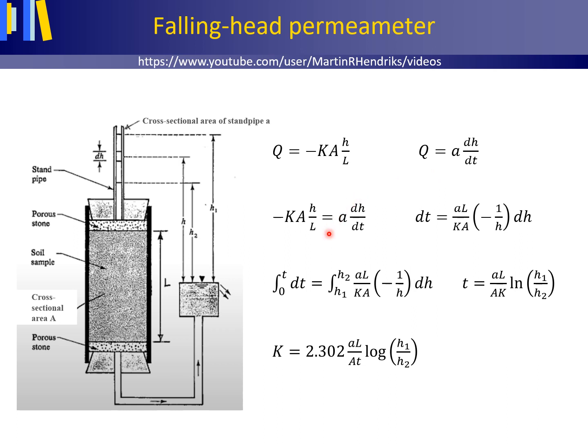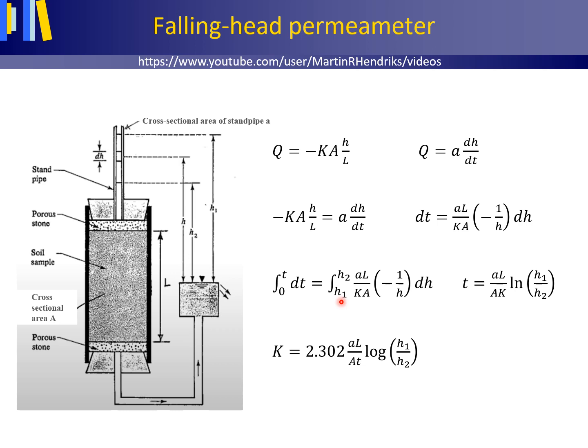We can rewrite the equation by moving t to the left of the equation and all variables containing h to the right. From 0 to t seconds, the hydraulic head drops from H1 to H2. We integrate between the time boundaries of 0 and t to the left and the hydraulic heads H1 and H2 to the right.